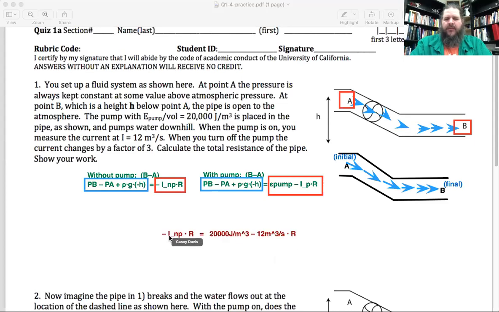And also, what do we know about the current without the pump? What's the one thing this tells us? Yeah, it changes by a factor of 3. Would you expect that to mean 3 times as much or 1/3 as much?